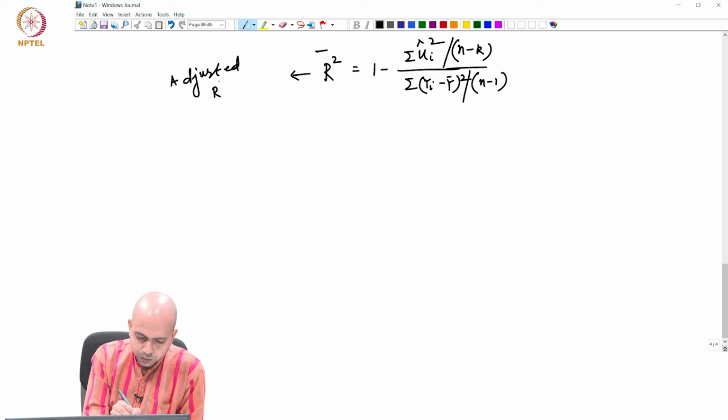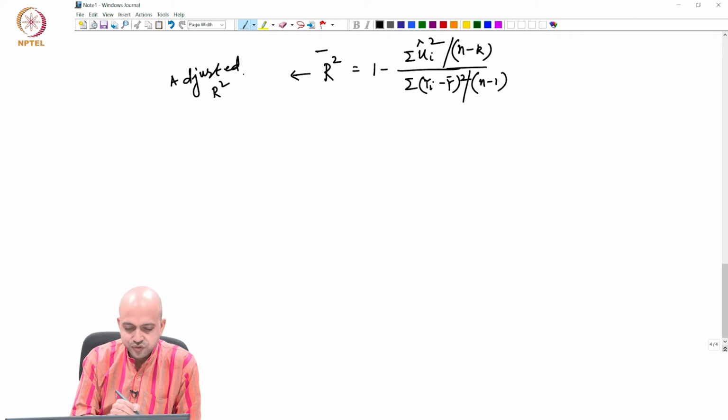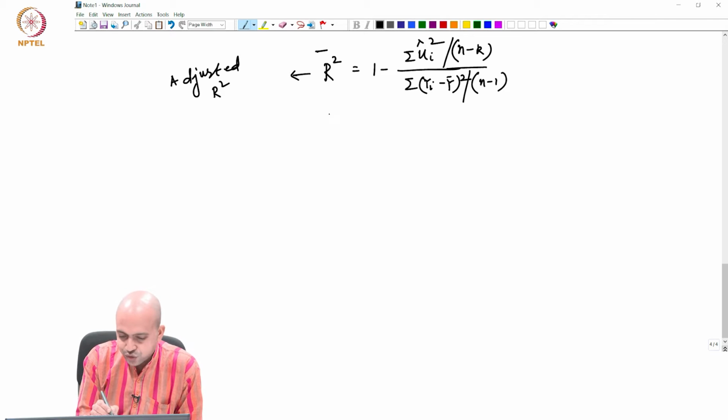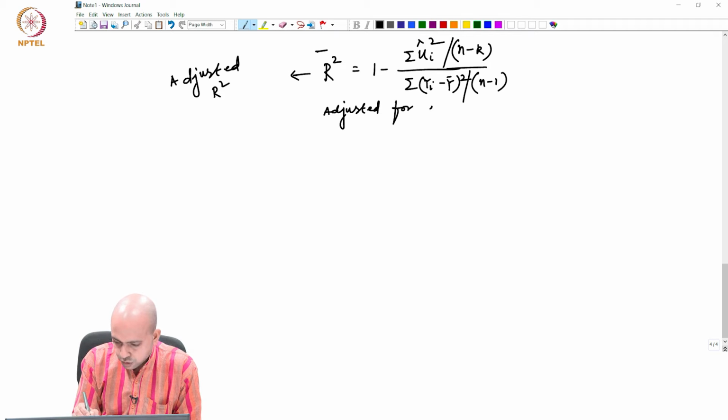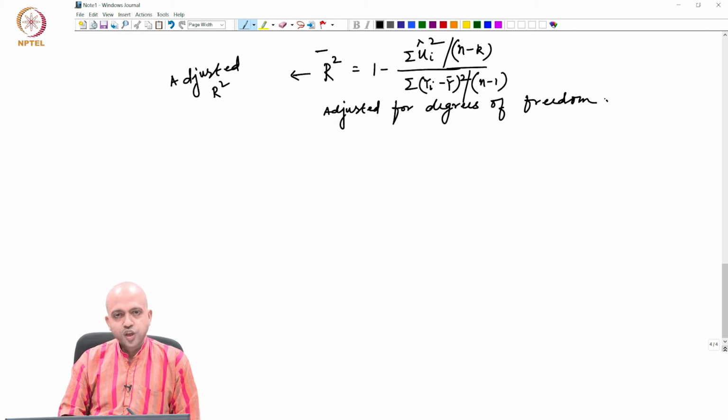When we say adjusted R square, this is adjusted for degrees of freedom.